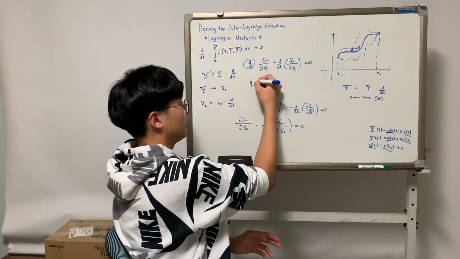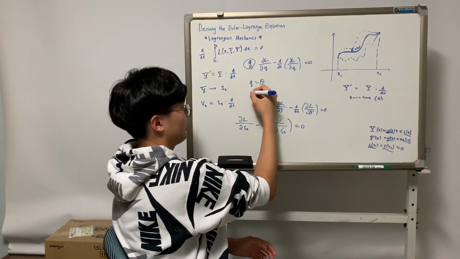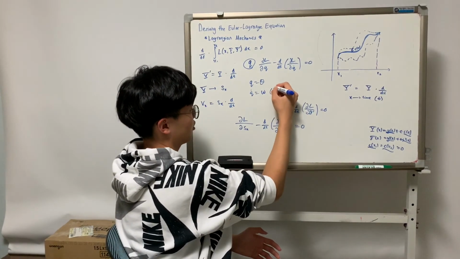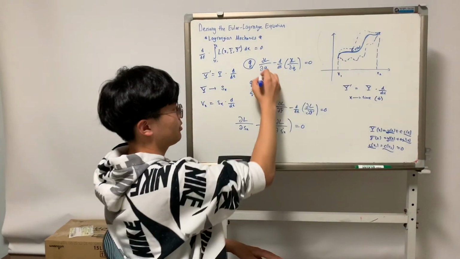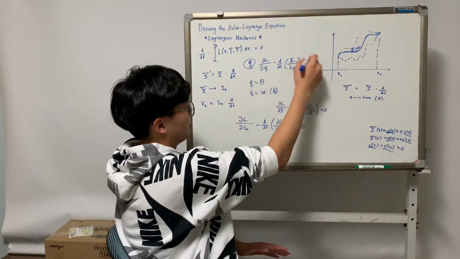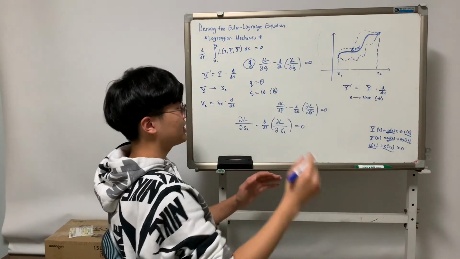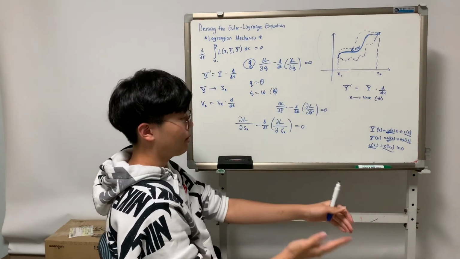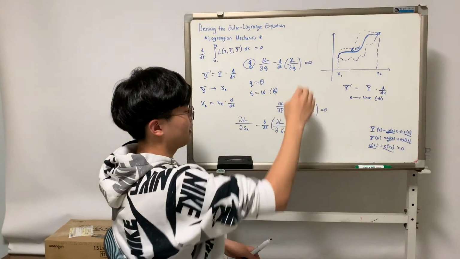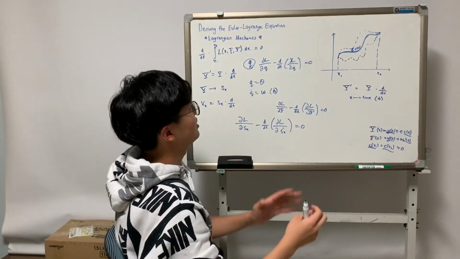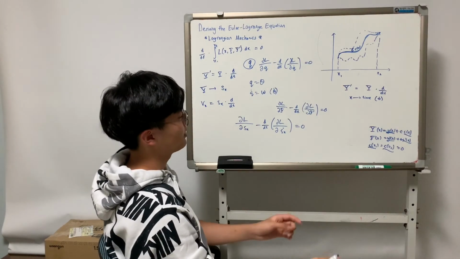Q could be, I don't know, theta, and then q prime would be omega, or theta prime. It doesn't really matter what we use q as, but what's important is that this equation must be satisfied, and basically any motion of any particle satisfies this equation, and therefore this could be used to model the motion of something.